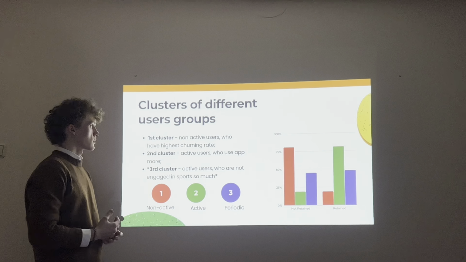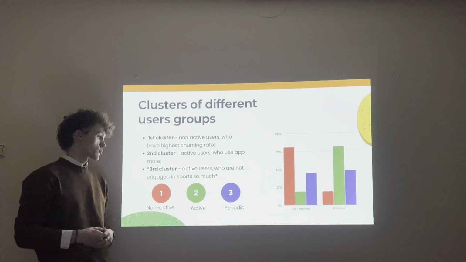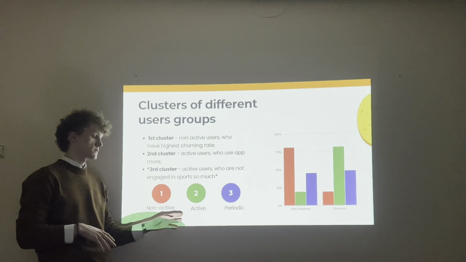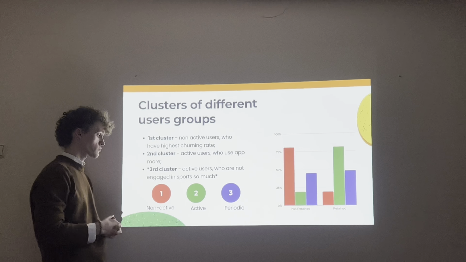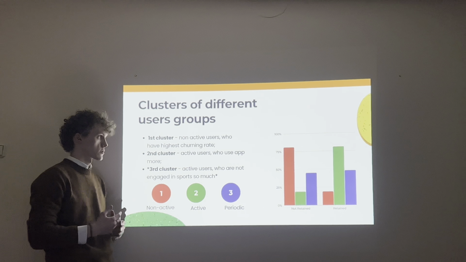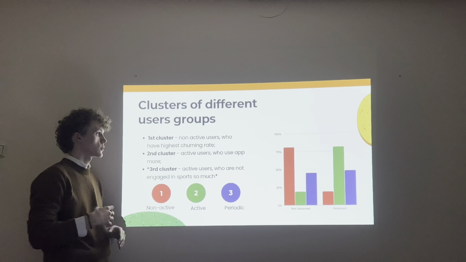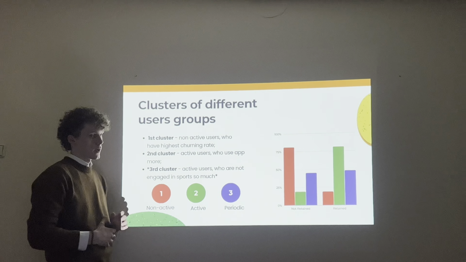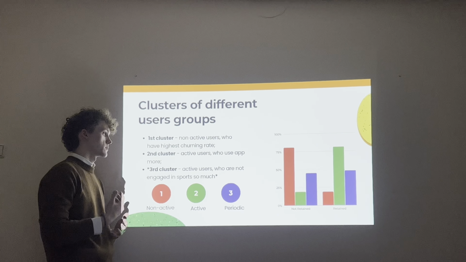So to begin with, from our analysis part, we distinguish 2 very clear groups. So it is the non-active and the active groups of people. So the non-active customers, they tend to not use any of the app's features at all, whereas the active people, they use all of the app's benefits.